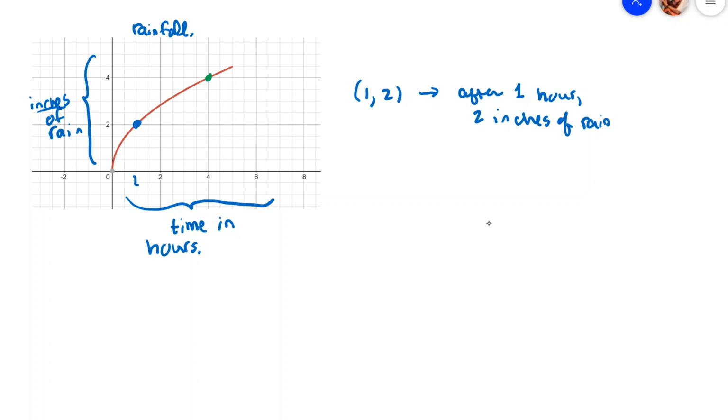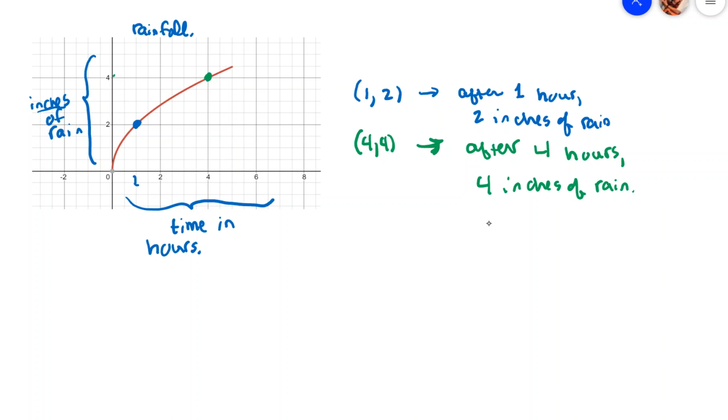I'll use a nice green up here. And this has 4 for my x and also 4 for my y. So after 4 hours of time have gone by, I have 4 inches of rainfall. So they just tell you what's happening at that specific point in time.